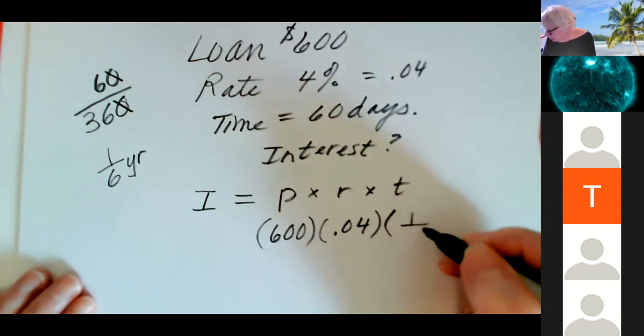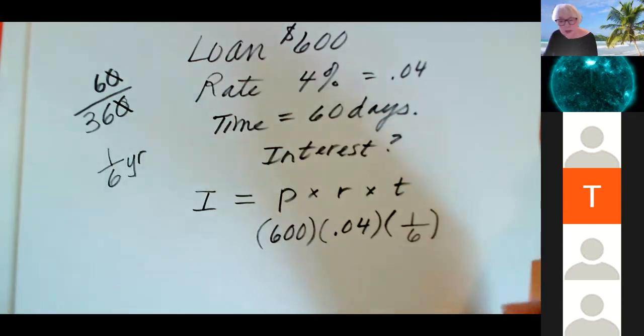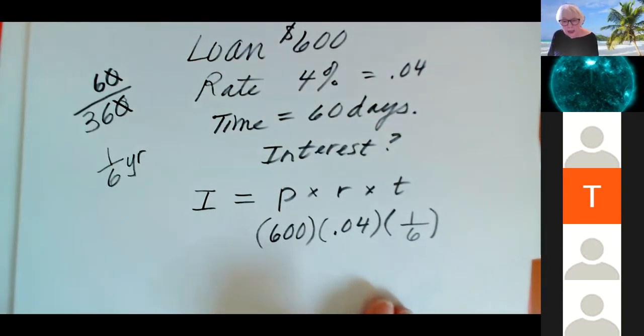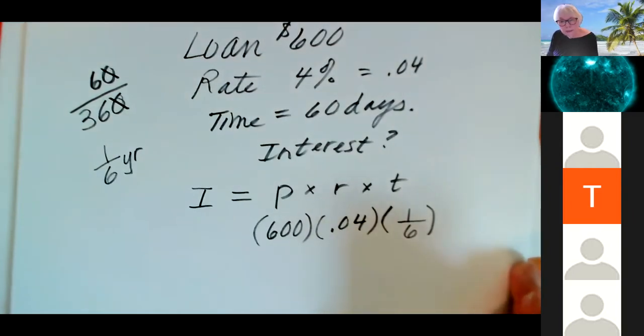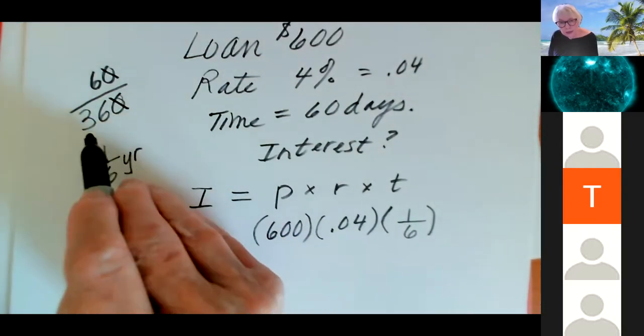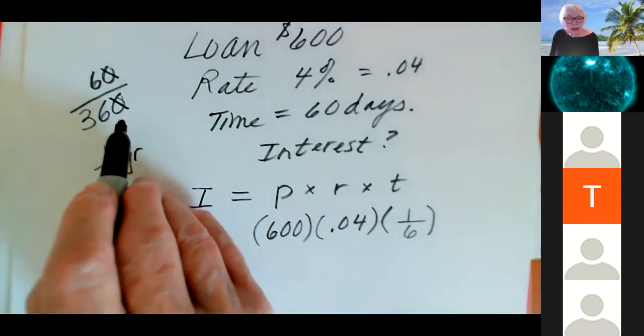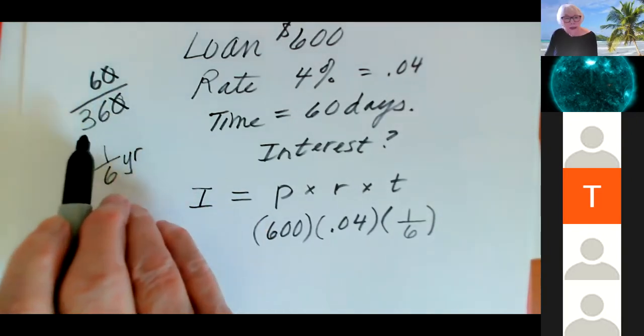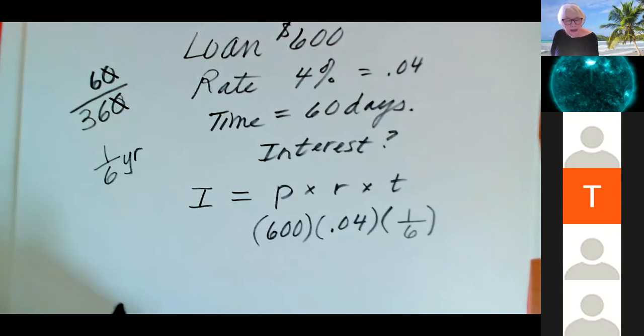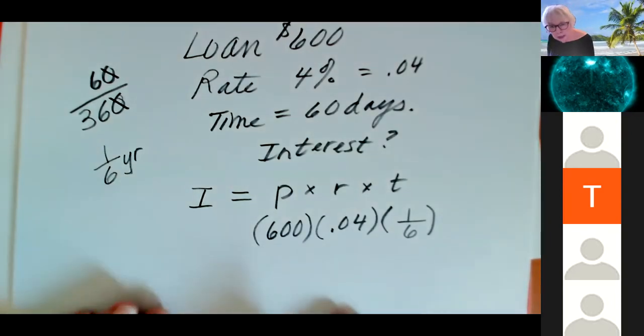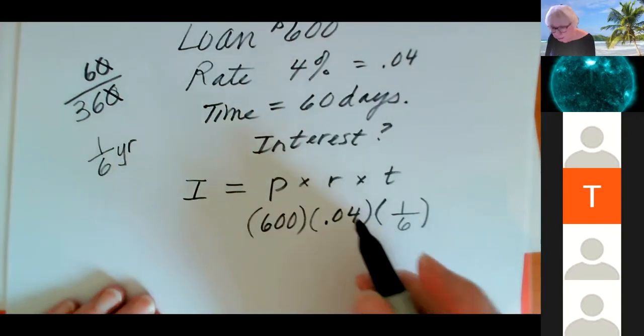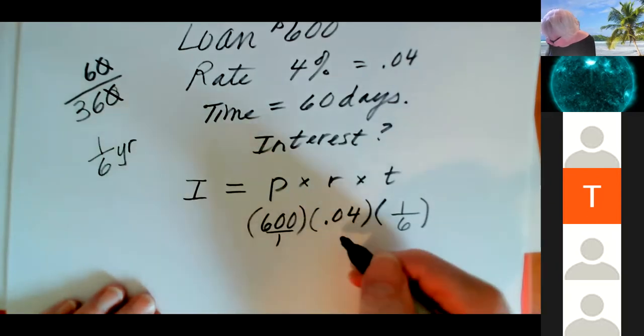This is 1/6 of a year. It wasn't the full year. This just made the computation easier. It's not exact. I mean, if you're at the bank, they would do 365 and they would do it exactly, but we're looking for something approximate. I want to cancel a little bit of this.